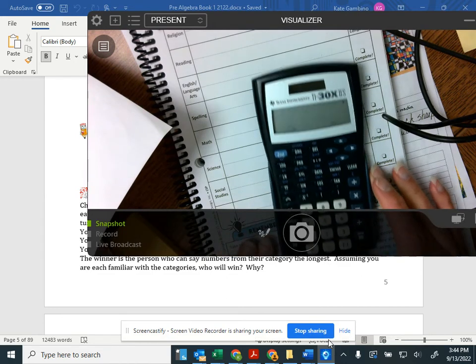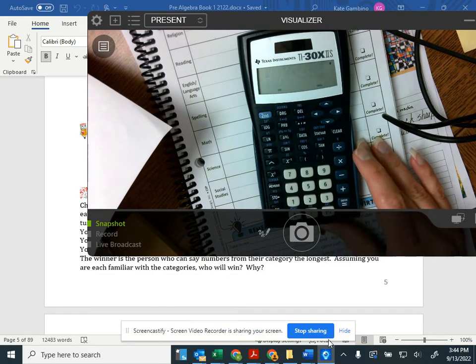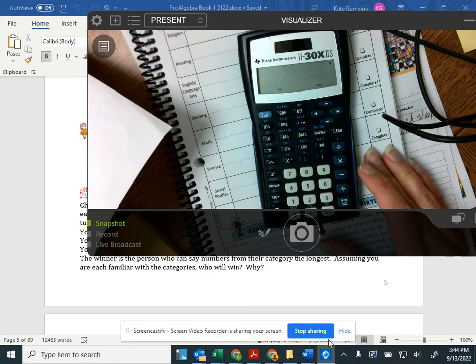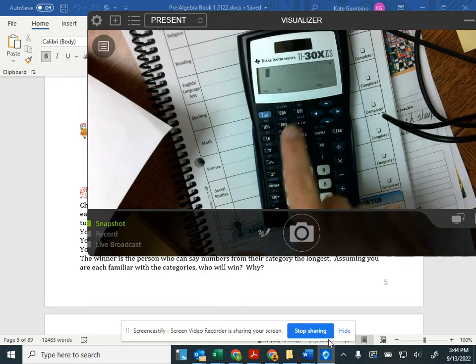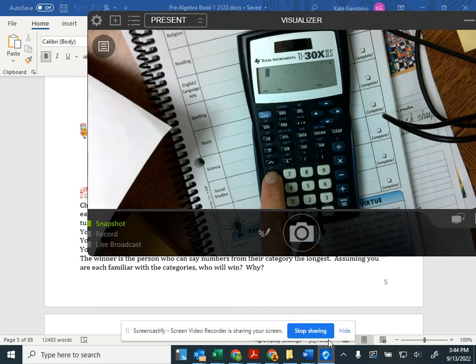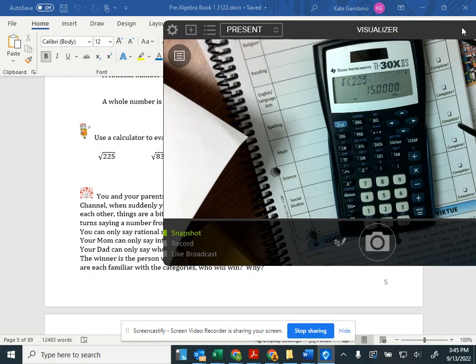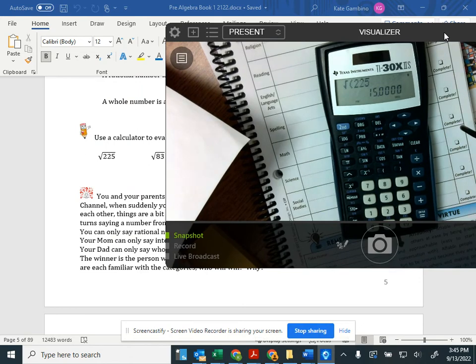So to do the calculator for the square root, if we look at that first one, the square root of 225, we would do the second button and then go down to where we see that square root sign. And then our number is 225 and then equals. So we can see that it says 15. So our square root of 225 is 15.